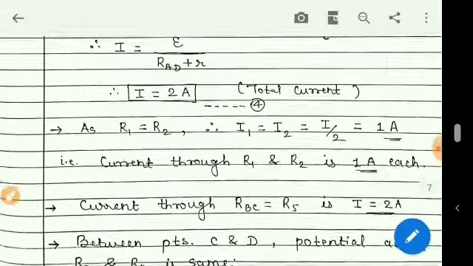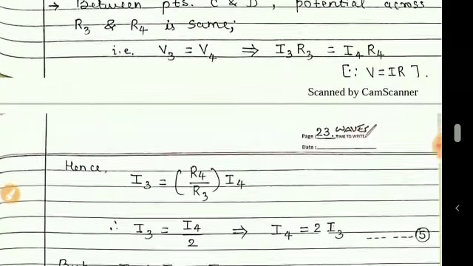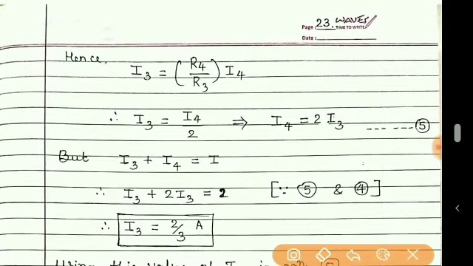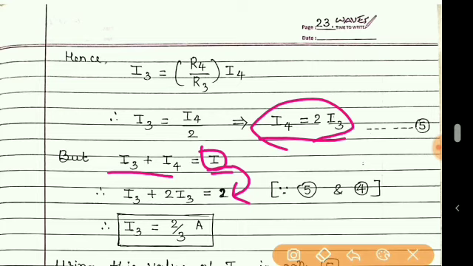So we have written I3 plus I4 is equal to I, but I is known to us, it is 2, and also we have this equation. So using this value of I as 2, in place of I4 we can write 2I3. See here we have written 2I3 in place of I4.